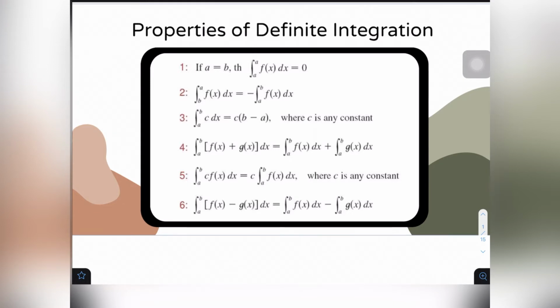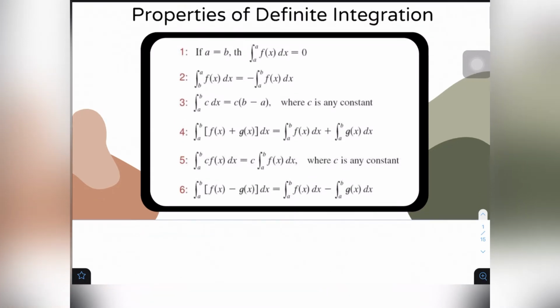So now I want to see first what the properties related to the definite integration are. The first one: if your lower limit and your upper limit are equal in value, then the integration of that function will be 0. Let me give you one example here.